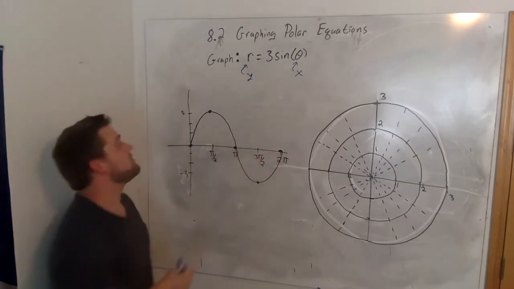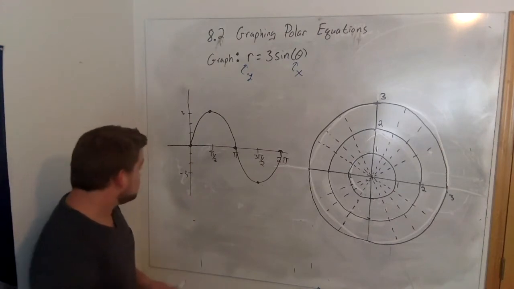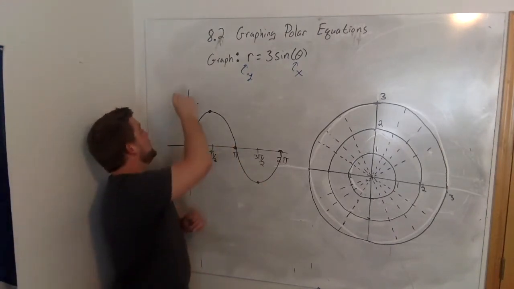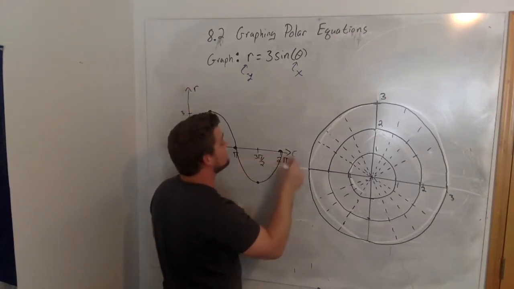So here's the graph of 3 sine of theta, at least a rough graph. Okay. But what I want to look at here is this is really a graphical t-table. What I have on the y-axis is the radius, and what I have on the x-axis is the angle.